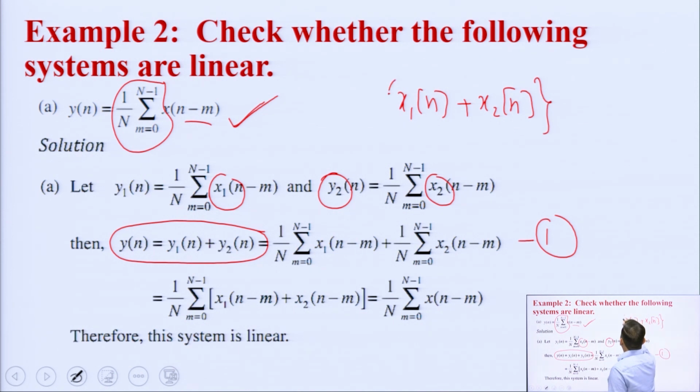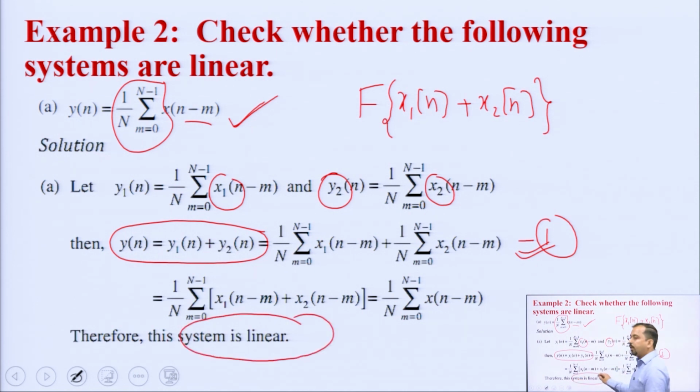So, we are getting the same equation. The output will be the same as that in equation number 1. So, if both the equations are the same, then we can conclude here that the system is said to be linear.